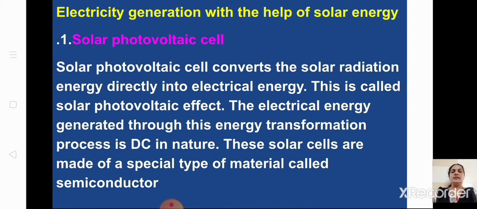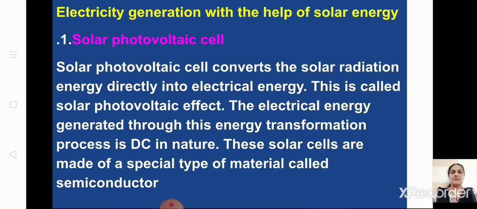In this year's textbook, you have so many portions reduced. I have explained how the cells are connected in series and parallel to produce electricity. That part is omitted, but still I have explained it, because you should know how the photovoltaic cell functions.